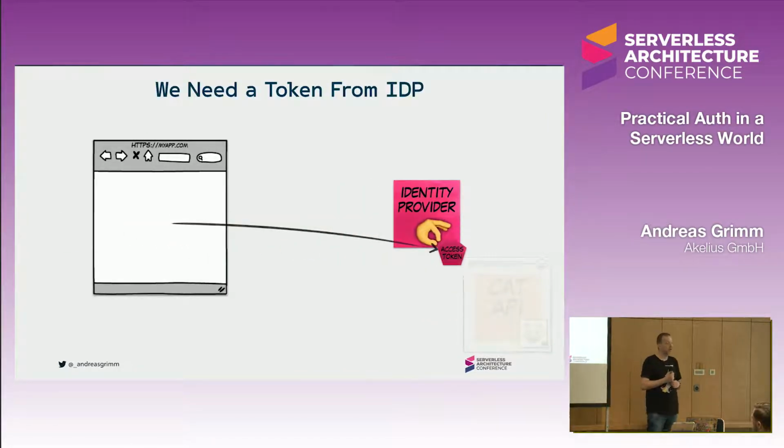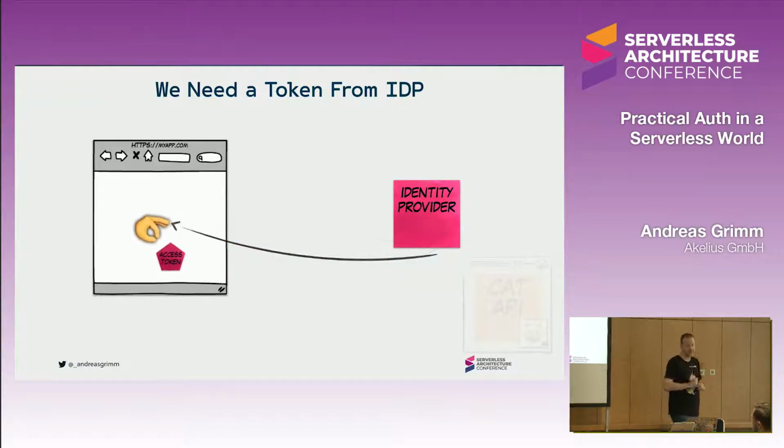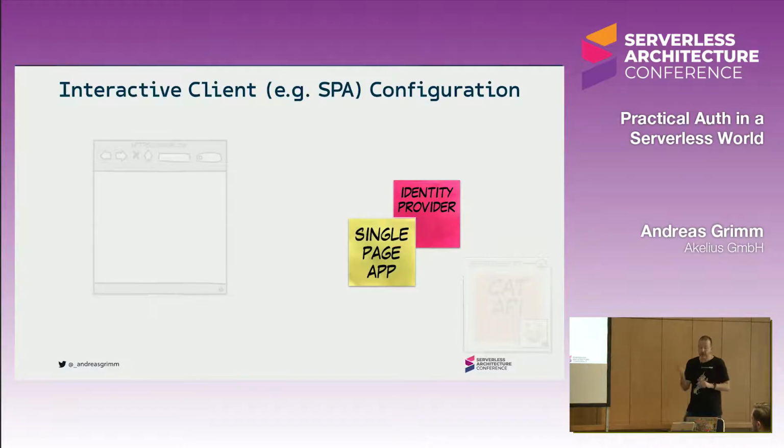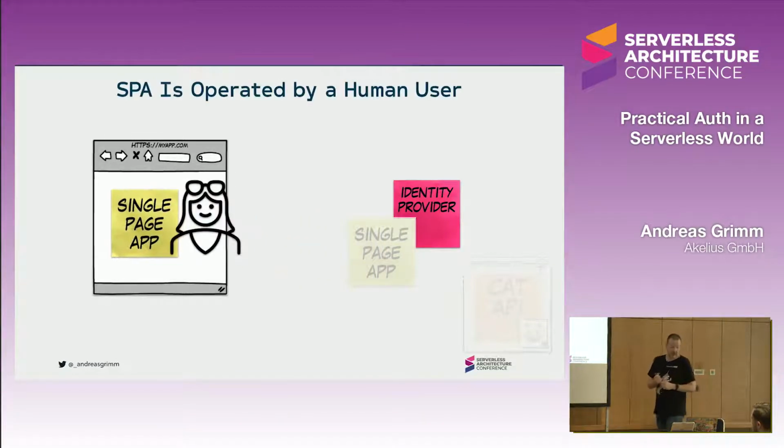This means that we need a token from this identity provider in order to access our API. Therefore, we create a configuration on the identity provider for our single-page app.